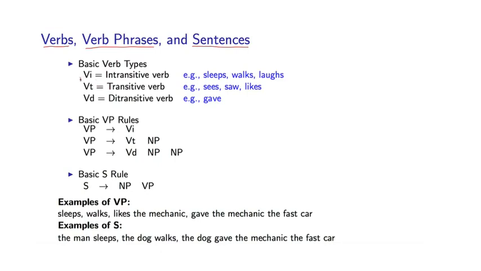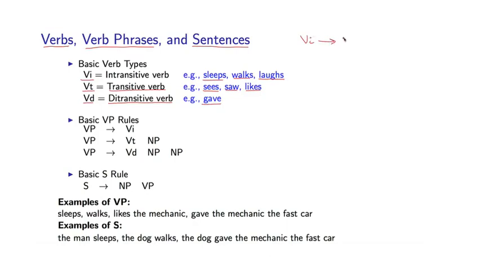I'm going to use the symbol VI to refer to intransitive verbs, VT to refer to transitive verbs, and VD to refer to ditransitive verbs. For example, an intransitive verb would be sleeps or walks or laughs. A transitive verb would be something like sees or saw or likes. Ditransitive would be gave.